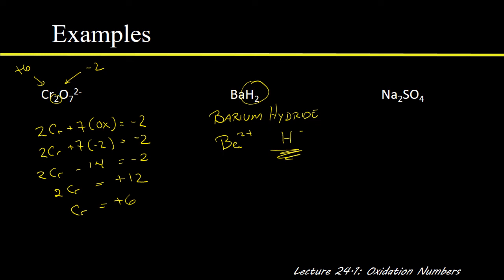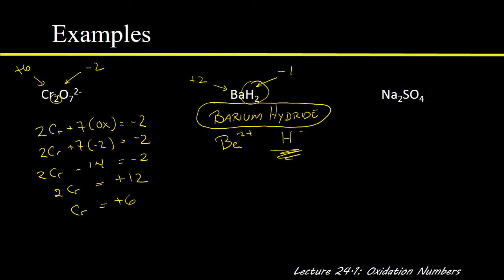So the barium would be +2 and the hydrogen would be -1. You can do the algebra on that too, but really we can use our rules to determine the charge of both the barium and the hydrogen without resorting to the algebra. So you can do that whichever way you'd like.